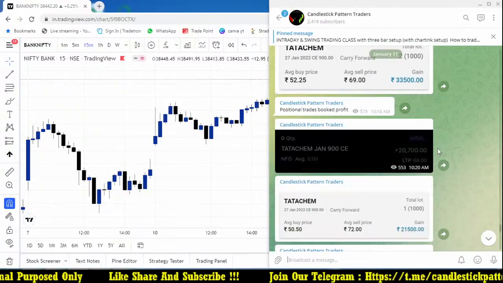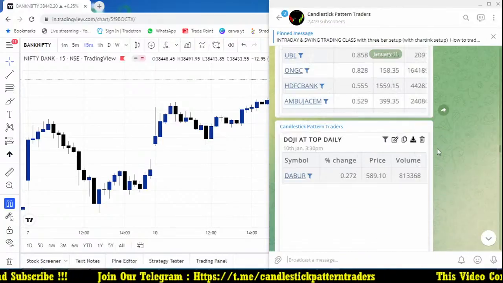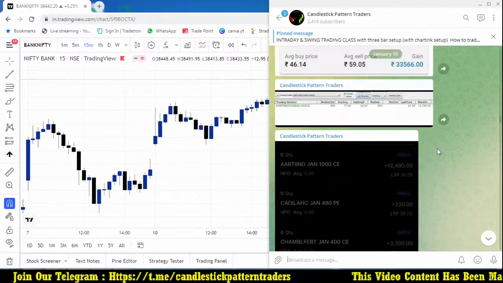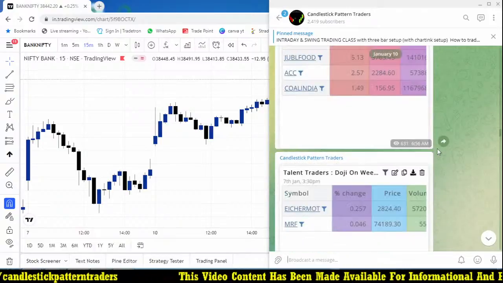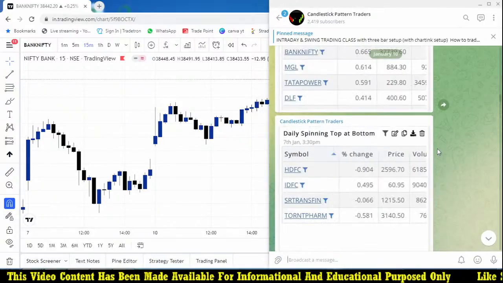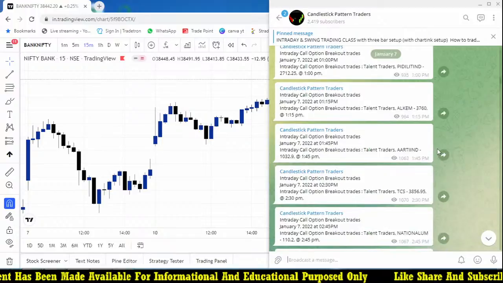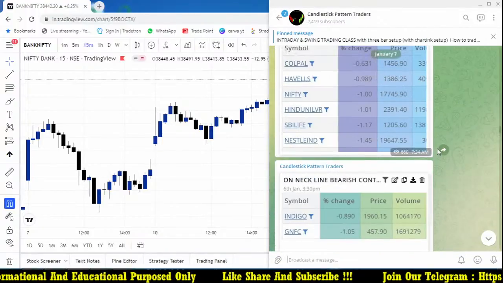I already updated the patterns, the doji pattern and other patterns also. Two days back I updated that scanner link. Instead of searching for each scanner every time, I gave you one link where you can get all the scanners. On the link I have mentioned the candlestick scanners. Let me show you that.